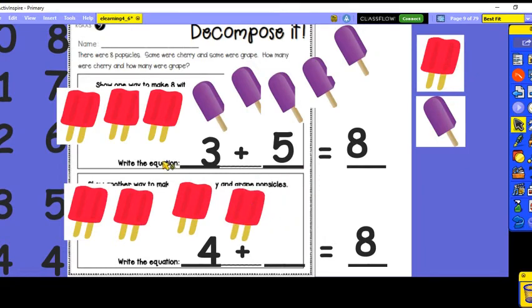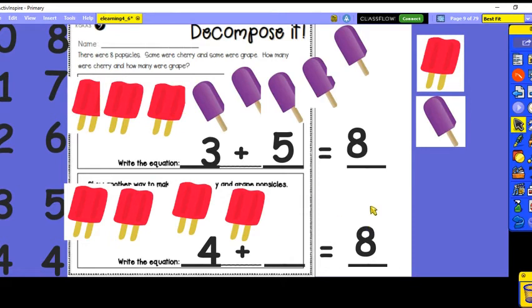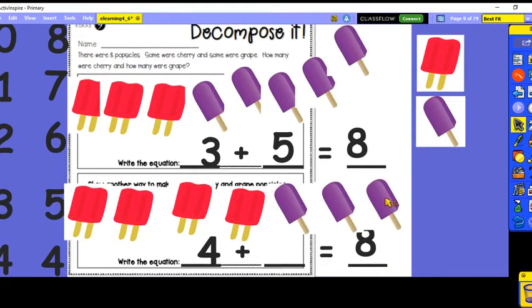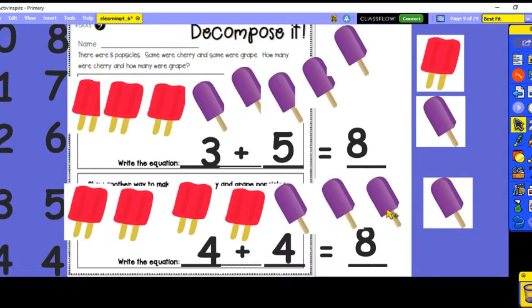If we have 4 cherry popsicles, how many more grape popsicles do we need to make 8? 4 and some grape make 8. So let's see, 4, 5, 6, 7, 8. So 4 and 1, 2, 3, 4. 4 plus 4 equals 8. So that's a different way.